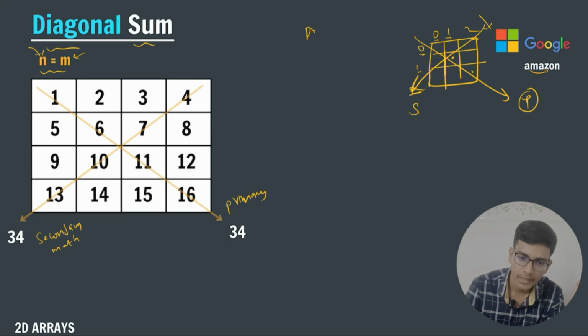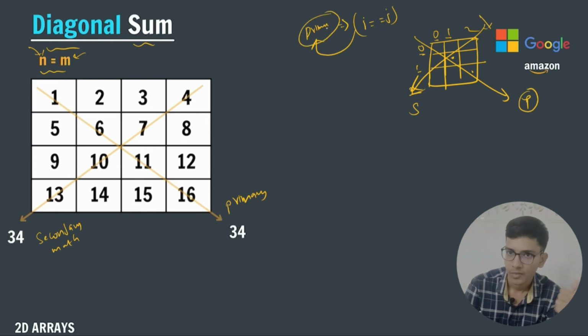If a particular diagonal is the primary diagonal, then my row number is equal to my column number. If this condition is true, then the element is a part of my diagonal. This is the first condition, so we have solved it for the primary diagonal.